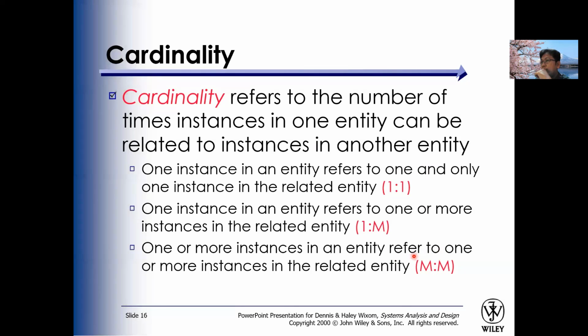For example, a customer can buy every item, and one item can be sold to a lot of customers, so this is many to many. And also there is one-to-one relation, which is rare, jarang, one-to-one relation.